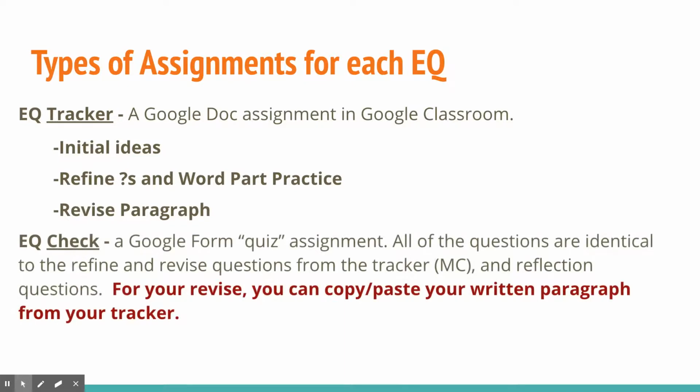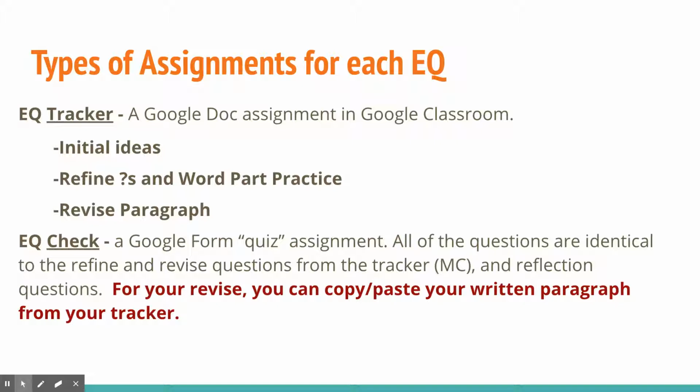At the end of the week, you have the EQ checks, which is a quiz assignment that has some multiple choice answers and your revised question as well as your reflection questions. So all of these questions and things refer back to your EQ tracker. It is wise if you do your EQ tracker first, and then you can use it on your EQ checks.